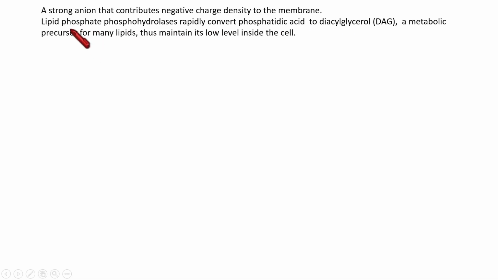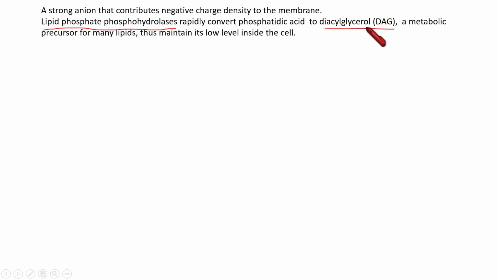There's one enzyme called lipid phosphate phosphohydrolases. What's the role of this enzyme? In our body, this phosphatidate should always be kept at a very low level. Whenever its level increases, this lipid phosphate phosphohydrolase converts that phosphatidic acid to diacylglycerol or DAG.